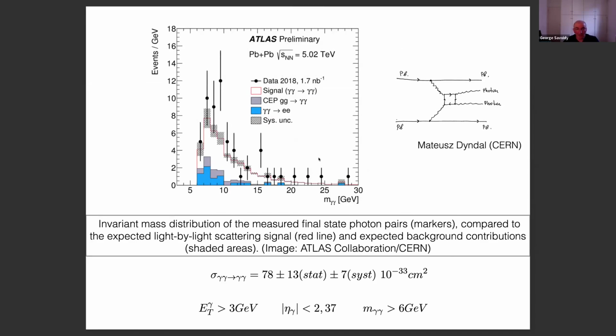And so maybe 2 or 3 years ago, the Atlas experiment, looking for the scattering of two photons through these diagrams, found a two-photon outcome. And here is the background, and the measurement shows that it is 78 plus minus 13 plus minus 7, 10 to the minus 3 centimeters square.